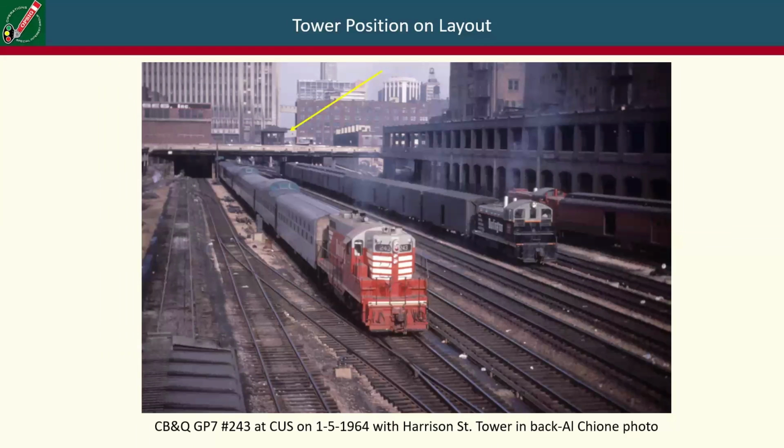Another position that some stations have is a tower position. The arrow in this photo goes to the Harrison Street Tower at Chicago Union Station. So on your layout, you could have one guy who works the coach yard and does the switching between the REA tracks and that. And the other guy, you could have him be inside the tower or pretend to be in the tower.